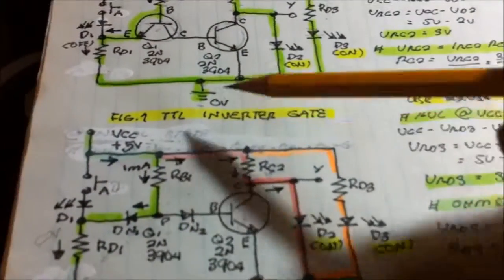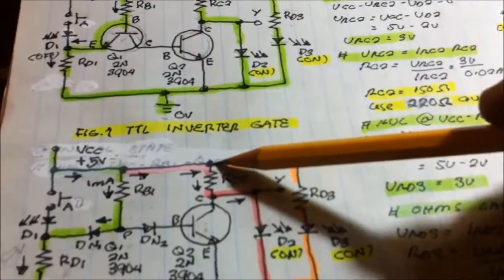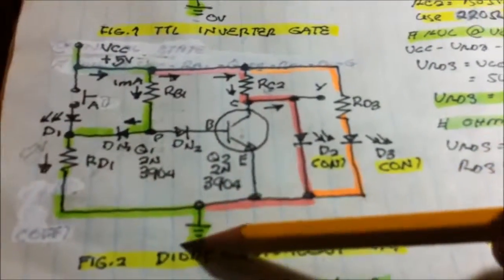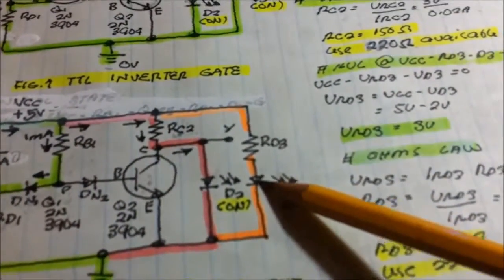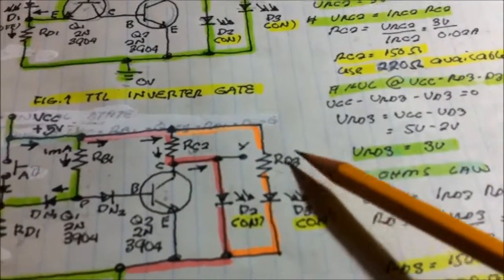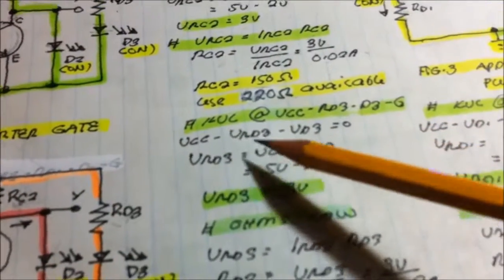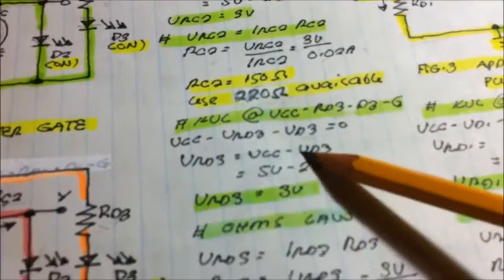Also, the current flows this way: VCC to this node, to RD3, D3 to the ground. This is a power on LED, the red one. We're going to compute the value of resistor RD3. Using KVL, VCC, RD3, D3 is equal to 0.